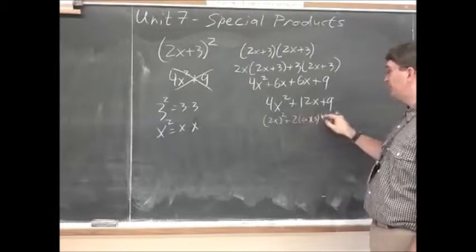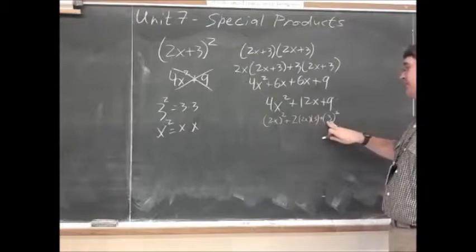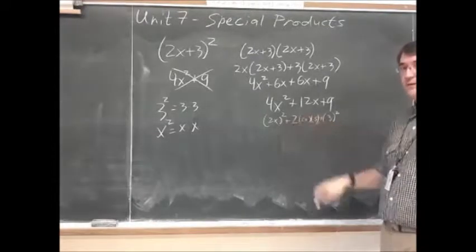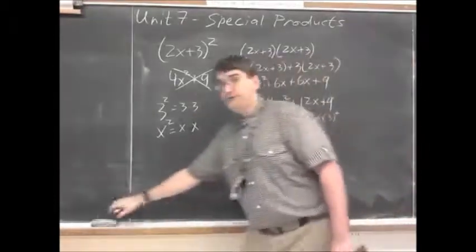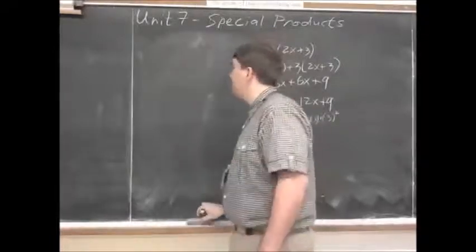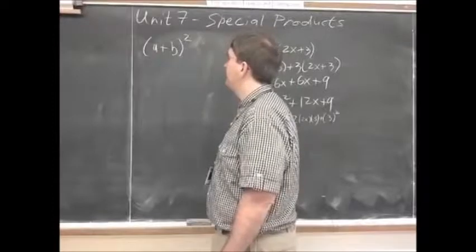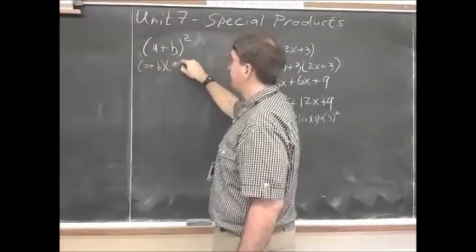This pattern, where we have the first part of the binomial squared, the last part of the binomial squared, and then double the product of the two parts of the binomial, is your pattern. Doing this with a general example, a plus b squared, we would do a plus b times a plus b.